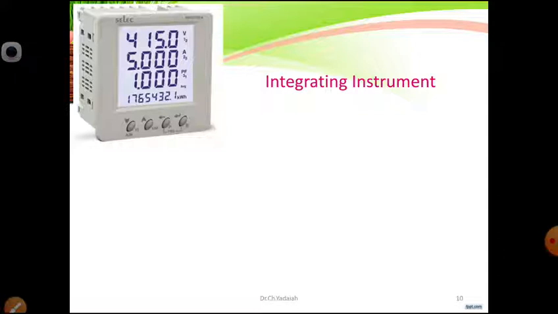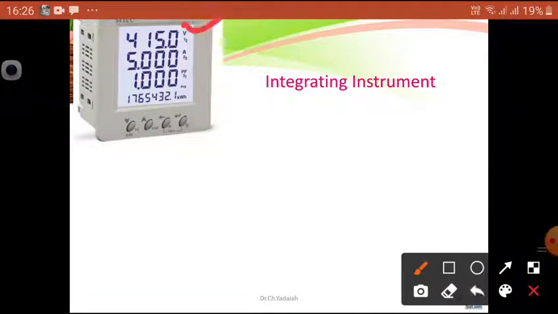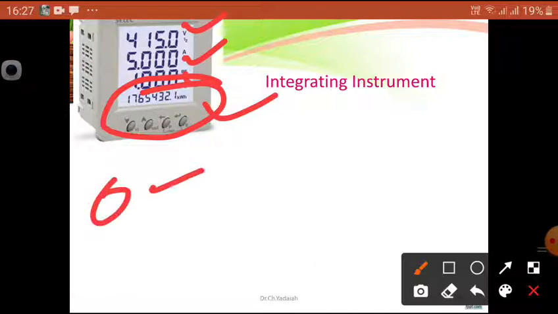Similarly here, the integrating instrument indicates the value. You can see here in the figure it's 415 volts, the three-phase supply at that instant, the current at that instant is 5 amperes, and the power factor at that instant is unity. But here you can see the kWh units, 17,65,432.1 kilowatt hour units consumed from 0, that is 17 lakh units, for a given period, for example 3 months.